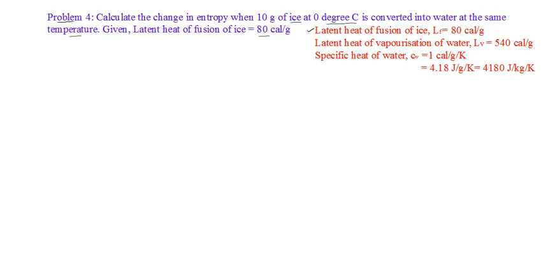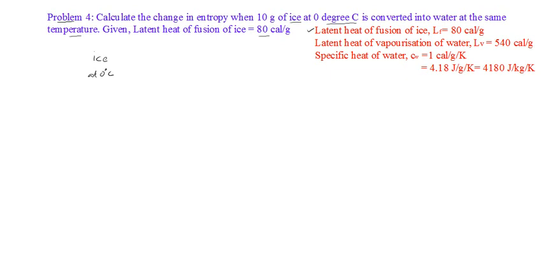So let's see how to do the problem. Here you have some mass of ice. The process here is you have ice at 0 degree Celsius. You know that in all these thermodynamic problems we prefer to convert into the corresponding Kelvin scale.